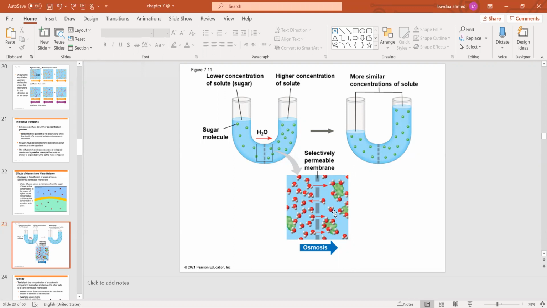So water diffuses across the membrane from the region of higher free water concentration, here on the left, to the region of lower free water concentration, until the solute concentrations on both sides of the membrane are more nearly equal. So osmosis is the movement of water molecules across a selectively permeable membrane.